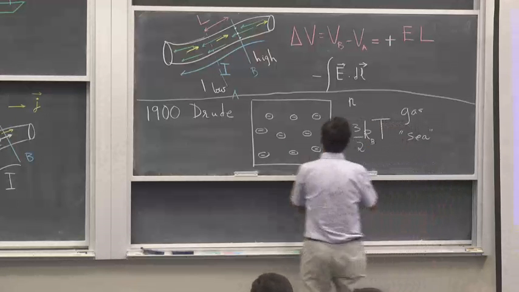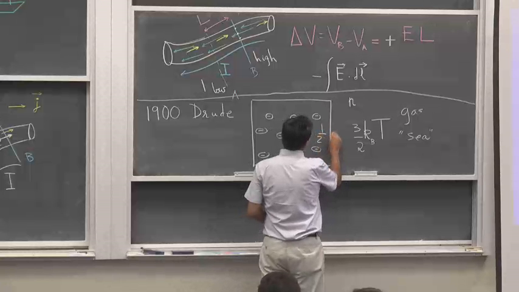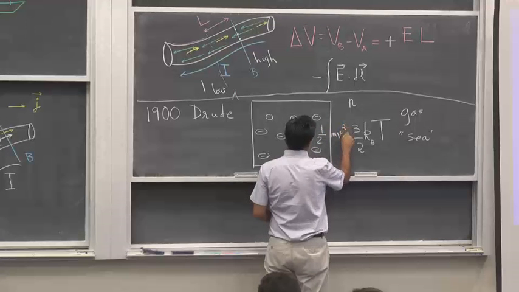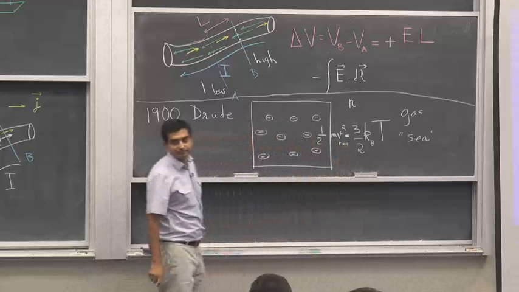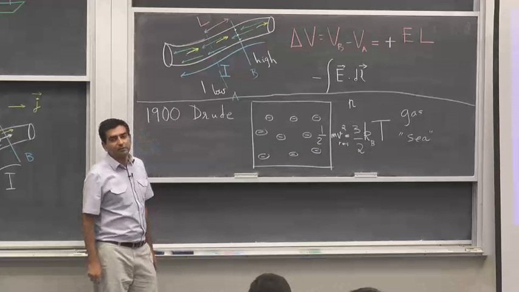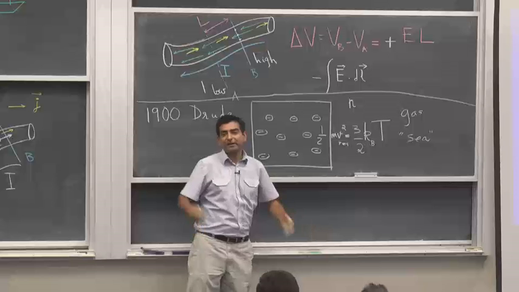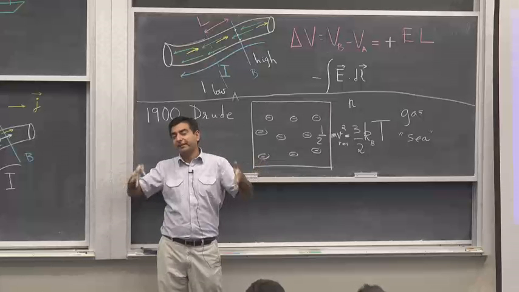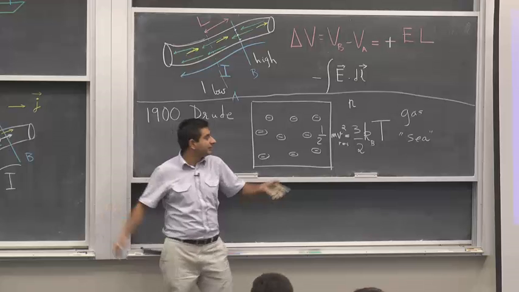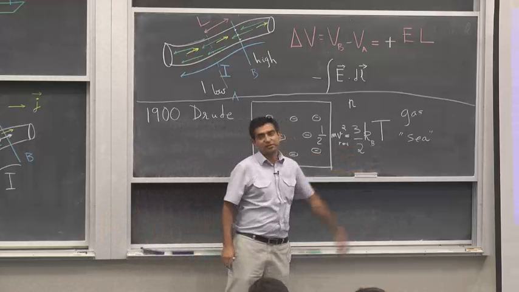This equals half mv squared. But this v is the RMS speed. So half mv squared, with v the root mean square speed of these electrons, and kB is the Boltzmann constant, T is the temperature.